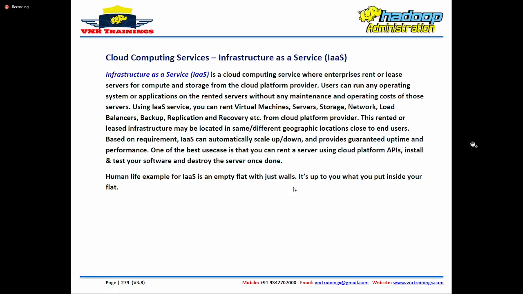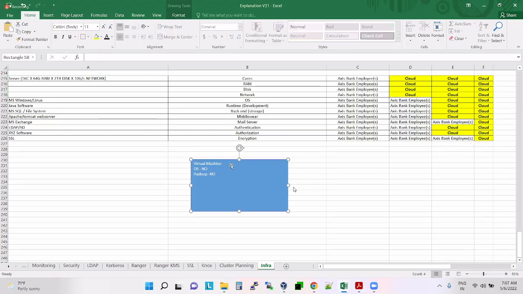Here, users can run any operating system or applications on the rented servers without any maintenance and operating cost of those servers. If you go to the cloud platform and ask for one VM under the IaaS service, they will give a VM of that size.